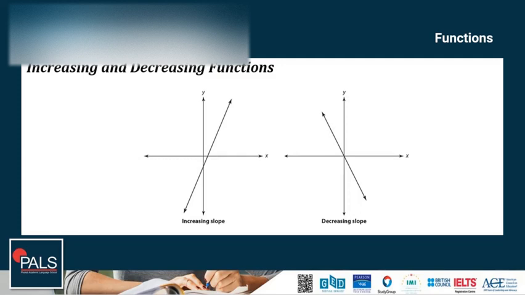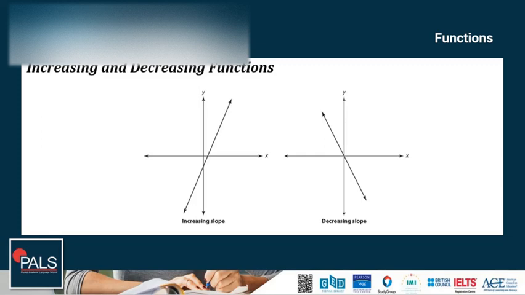Let's proceed to increasing and decreasing functions. How to determine if a function is decreasing or increasing. First, if the graph is sloping upward from left to right, it means the function is increasing. However, if the graph is sloping down from left to right, it means the function is decreasing.